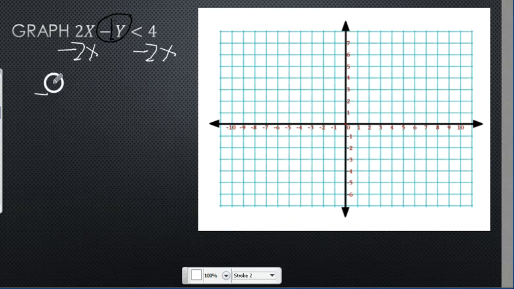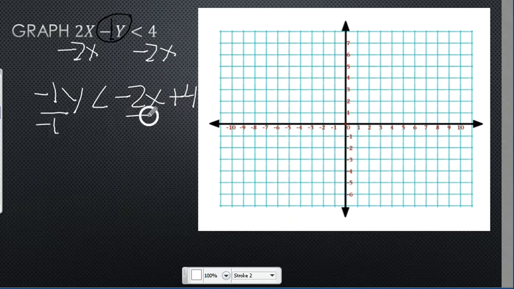Now we have negative 1 times y is less than or equal to, I'm just going to switch these two around, negative 2x plus 4. And now we have to divide everything by negative 1. Remember that solving an inequality is just like solving an equation, except if you divide by a negative, your inequality symbol flips.